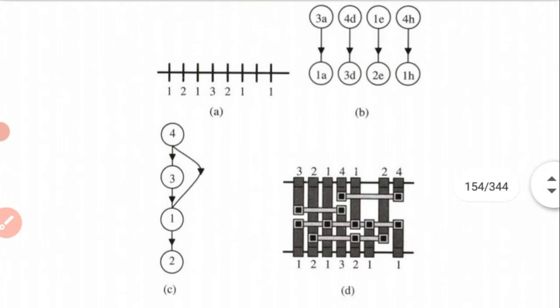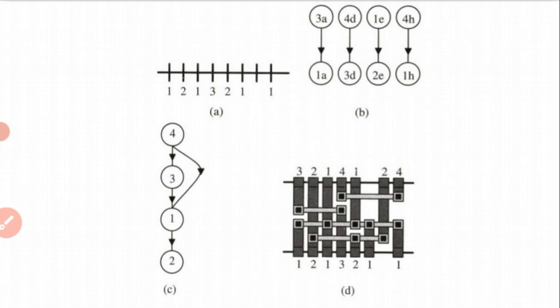In figure c, if one merges all the vertices associated with the same net, it is shown in 9.8c. From 4 to 3 there is a connection, from 3 to 1 there is a connection, from 1 to 2 there is a connection, and from 4 to 1 there is also a connection, as represented in figure c.